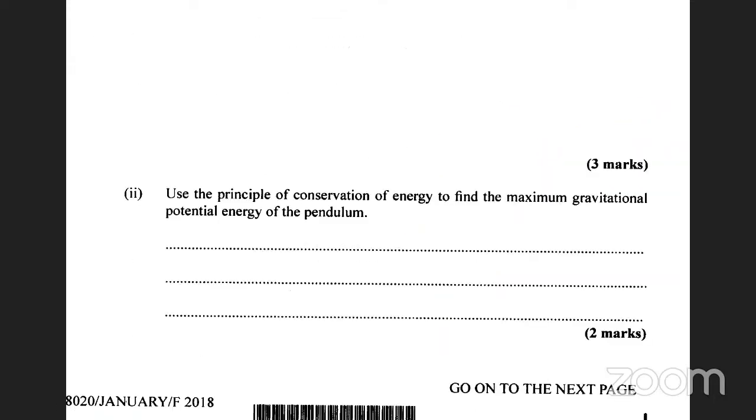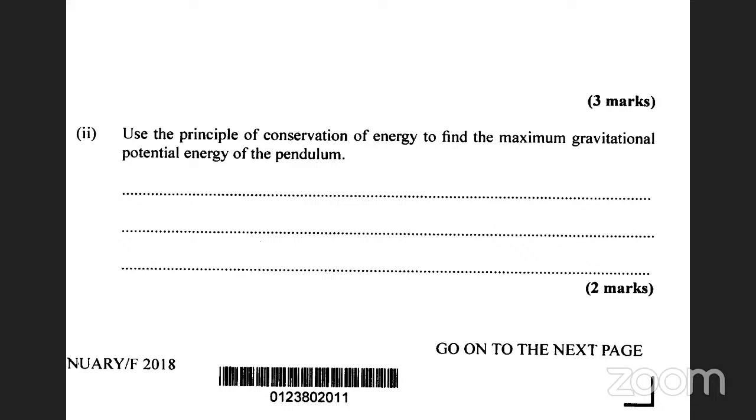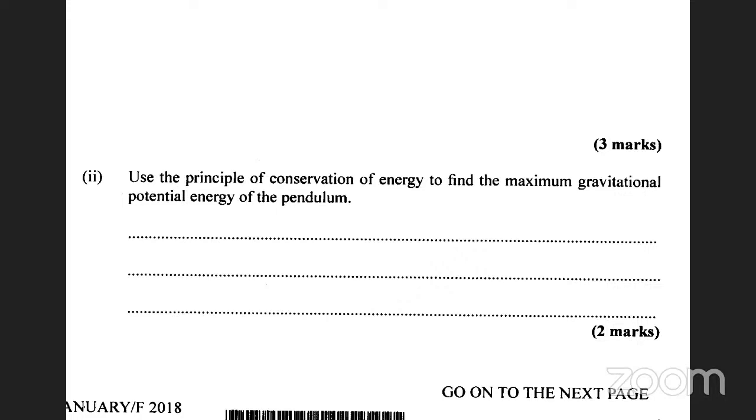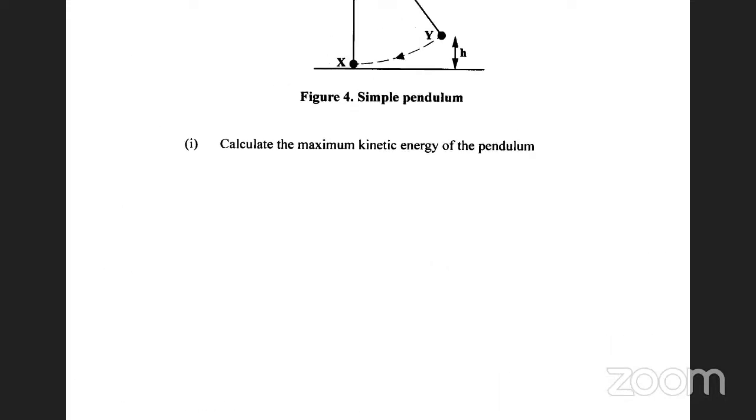Last part. Use the principle of conservation of energy to find the maximum gravitational potential energy. What would it be?